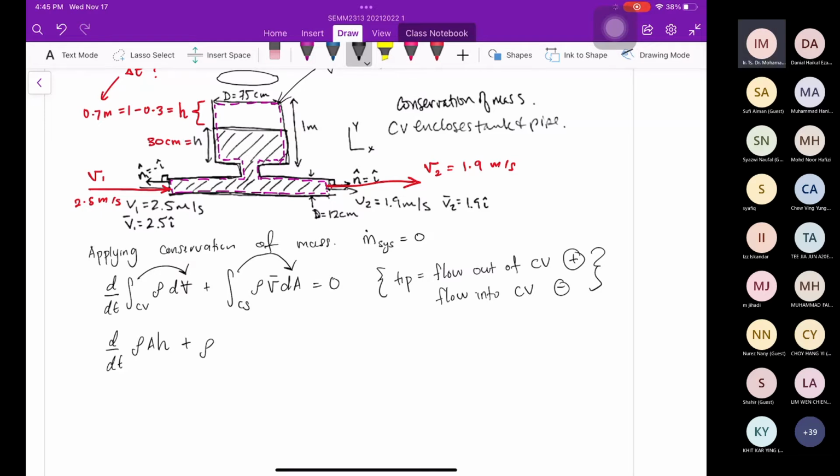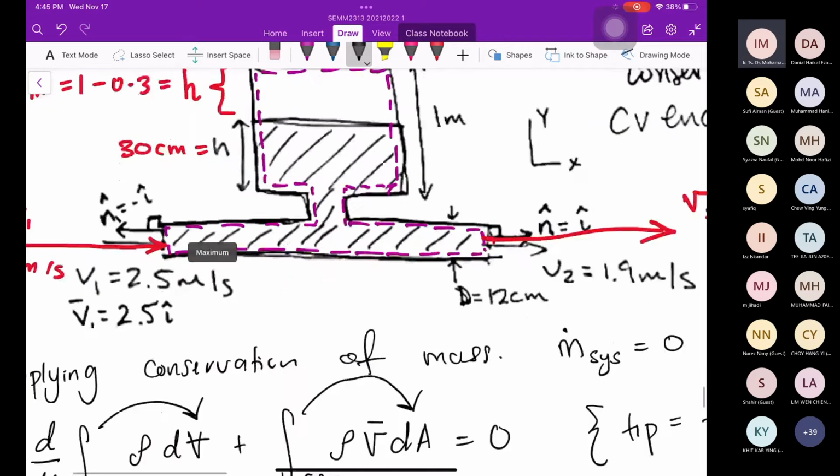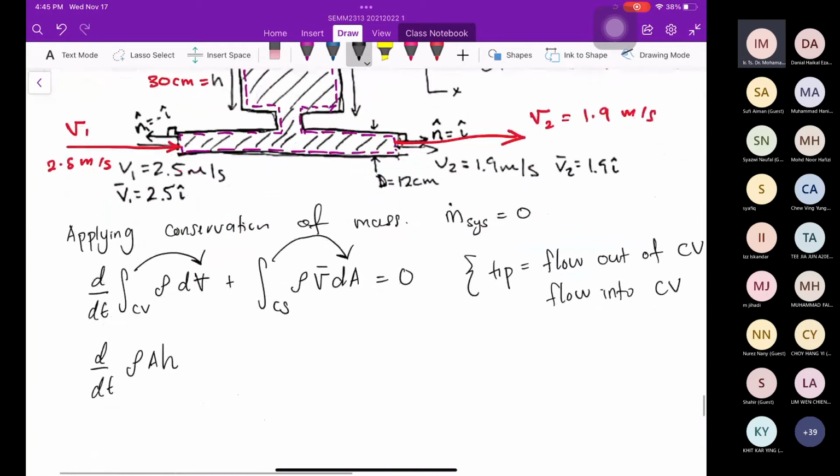So rho times velocity at point 1. This is velocity 1, and this is plus rho velocity 1. Velocity 1 is into the page. You can see into the control volume, it is negative.